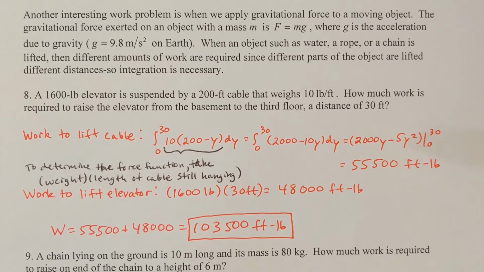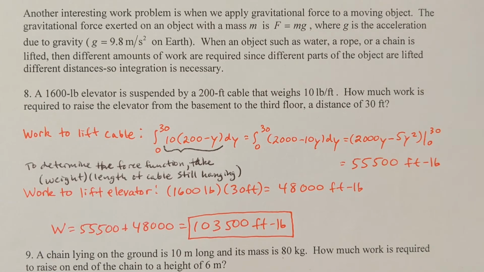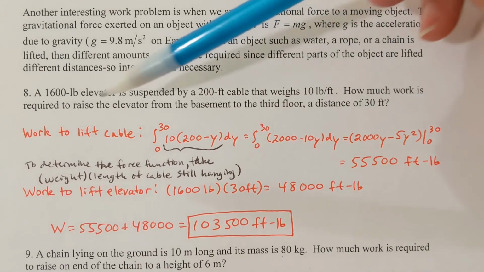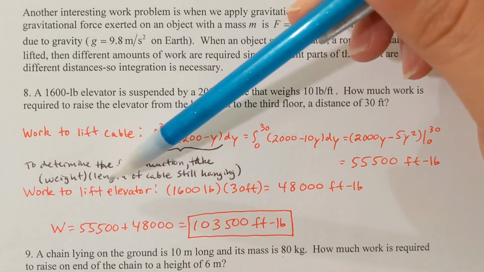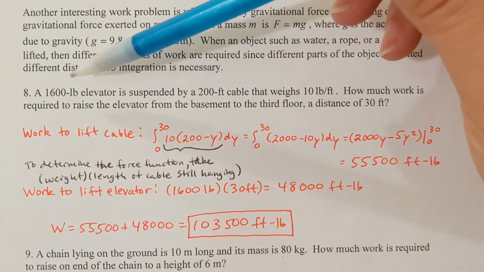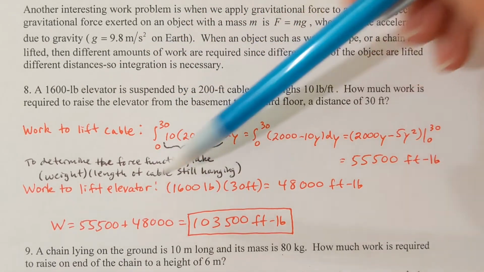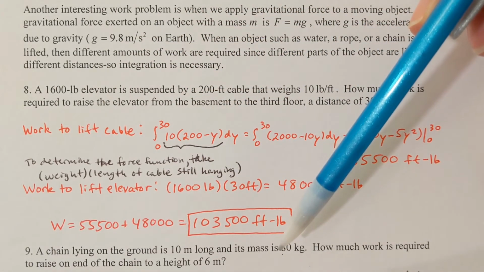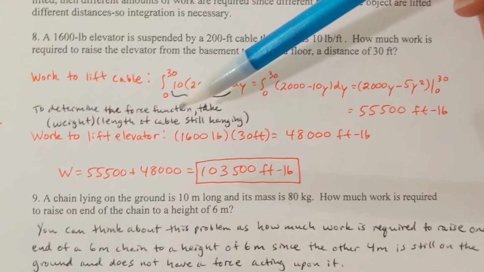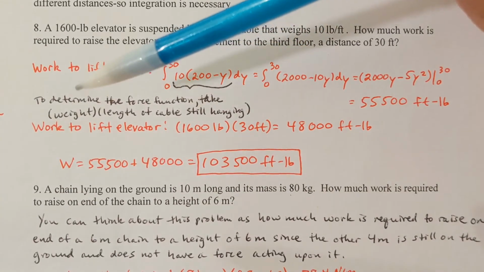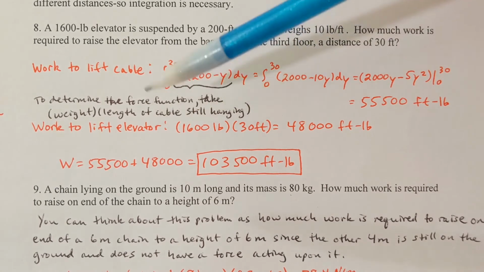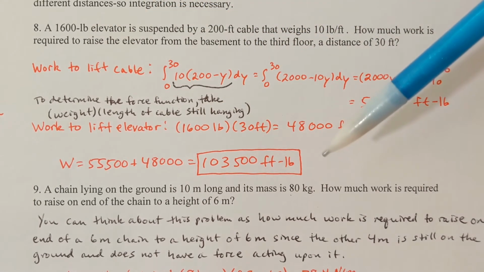Well, this is a variable force with the cable. Now, the weight of the elevator is 1,600 pounds. That's not changing in the problem. So there's going to be two parts to this. One part is where I want to find the work done to lift the elevator, and then also the work done to lift the cable.